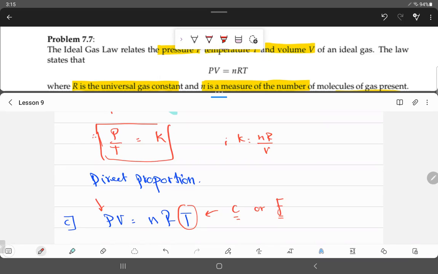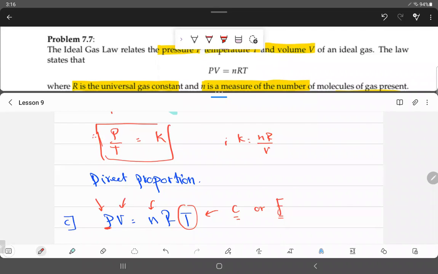Okay, the pressure. Does it take a positive value or a negative value? The pressure is always positive. What about the volume? Positive.